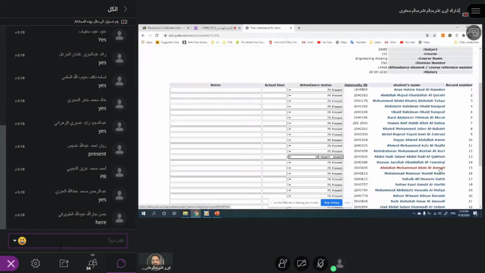Abdullah Muhammad Abdu Al Asmari. Muhammad Mansur Hamid Nadim. Suhaib Ali Hussain Saleh. Sultan Saad Hamid Al Hari. Muhammad Abdulaziz Hussain Al Mahia.